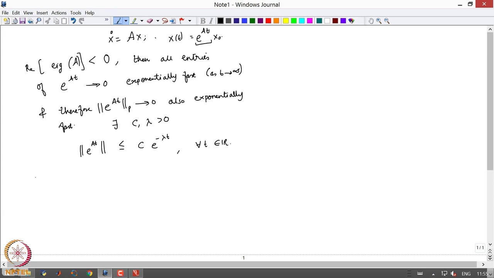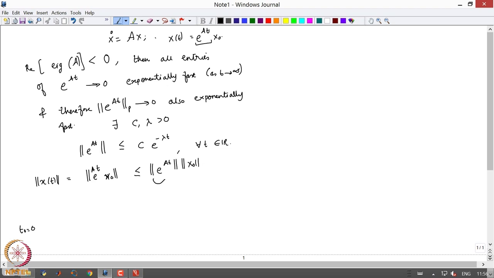Now, how does the solution look like? The norm of x of t is the norm of e power At times x naught, where let me assume t 0 to be equal to 0 for simplicity. This will be less than or equal to the norm of e power At times the norm of x naught.